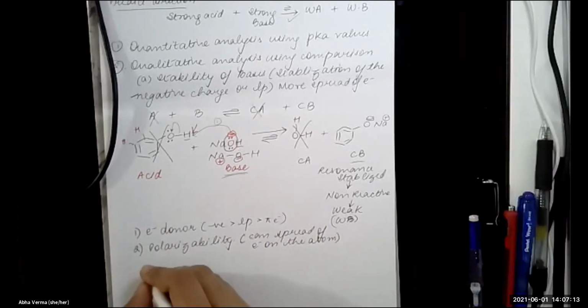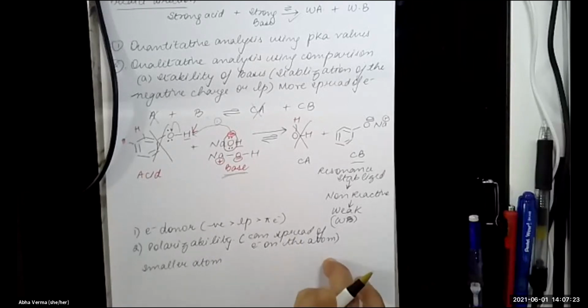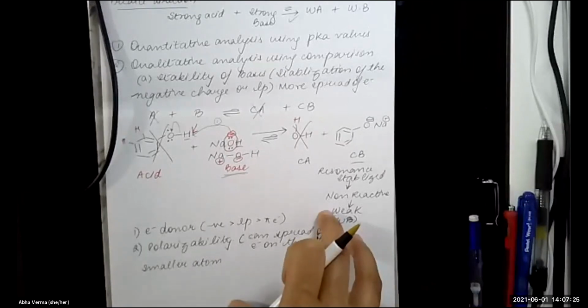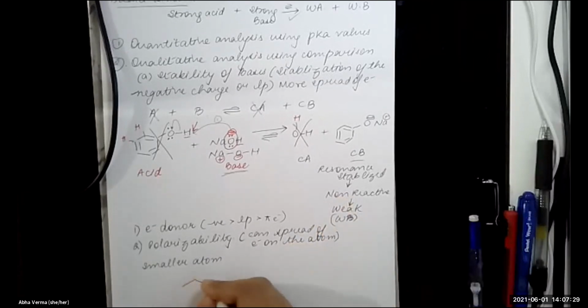So the smaller atom will not spread the electrons better on it, but a bigger atom can spread the electron on it better. So this is a very simple question that we look at.